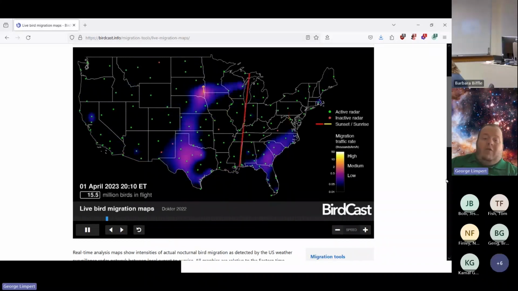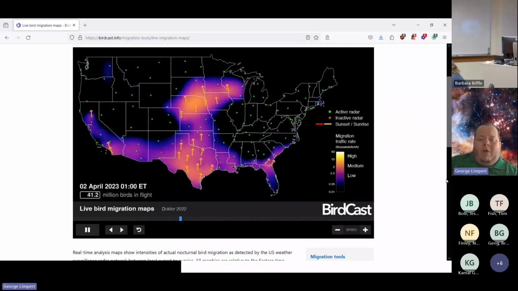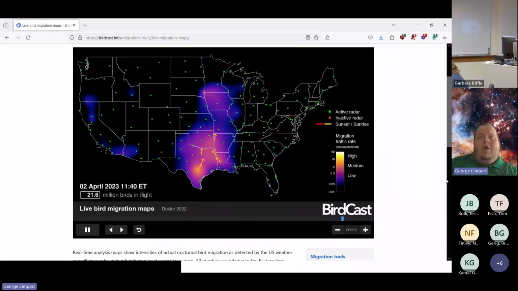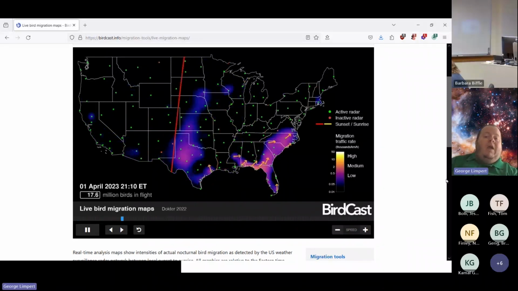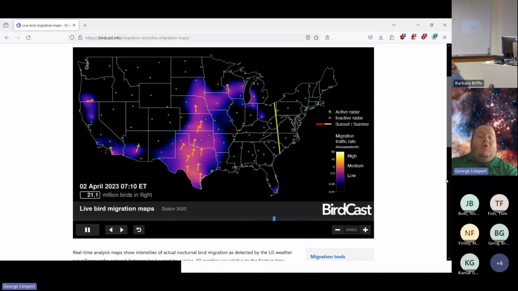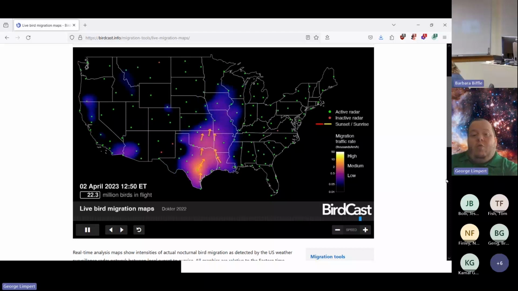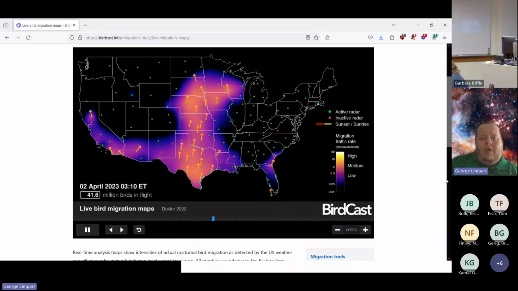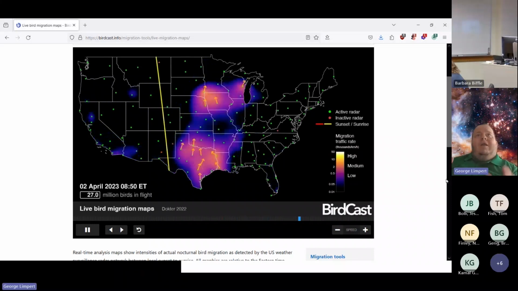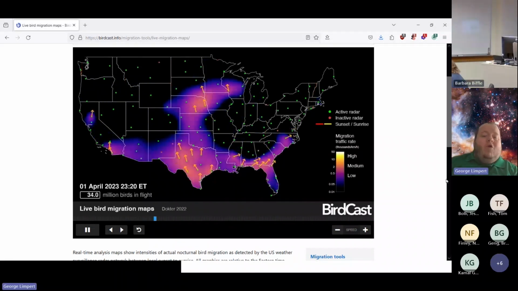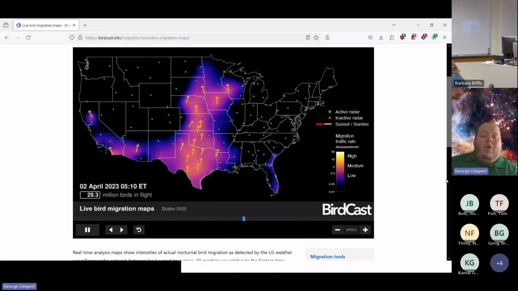Again, this is already done, but the caveat is that it doesn't really provide you with smaller scaled information. It's really focused on how many birds are flying around each of the radars around the US, and you can see each of the radars with the green and red dots on here. So it's basically trying to get an idea, in all of the area that each radar is scanning, how many birds are in flight and where they are generally going.